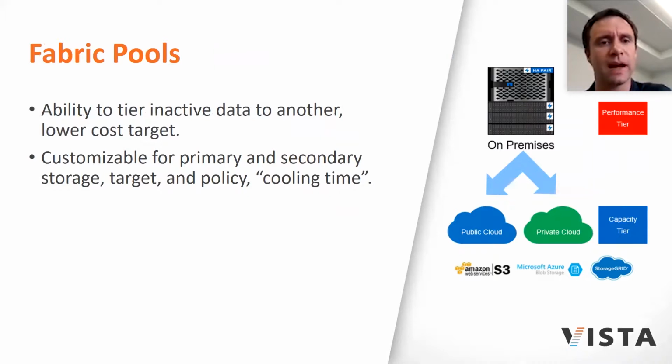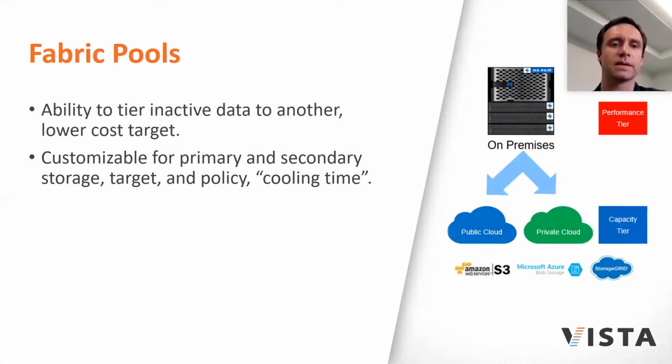We'll talk about FabricPools first, and the short of it is the ability to take some of our inactive data and move it out to, for example, the cloud. We've got Amazon S3 and Azure Blob Storage, but if you want a private cloud solution that's a little lower cost and where the economics scale a little differently, StorageGRID from NetApp is another target for this.